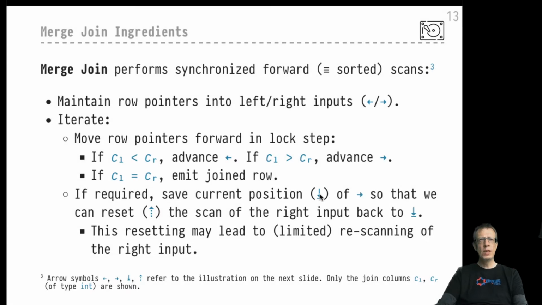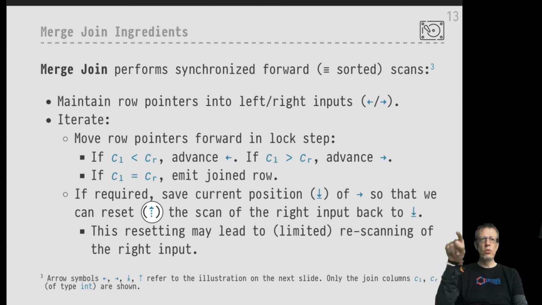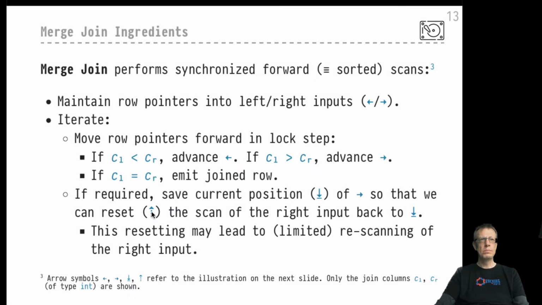When this happens, we will see in the trace this particular symbol that sends the right-hand side pointer back to the marker, so that it can rescan a part of the right-hand side input. Okay, so this is the limited rescanning that we've already discussed. So I think the explanation on slide 14 may fill all of this with some more insight.